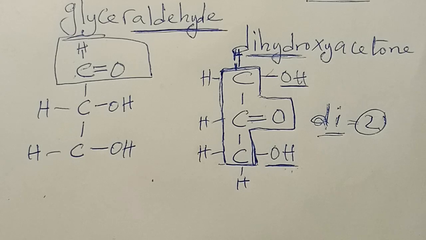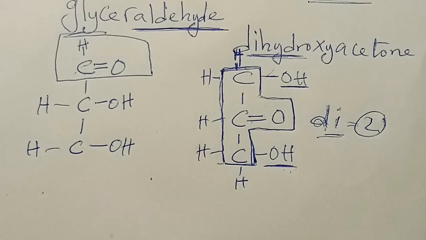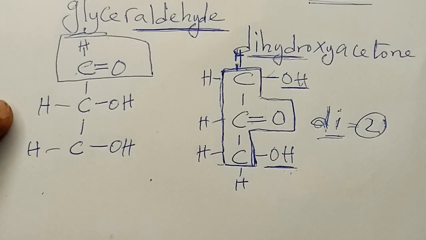This is why we stated the properties of carbohydrates: 1, all carbohydrates are either aldehyde or ketone. And we also stated that all carbohydrates contain the hydroxy group. You can see based on the structure, we have the hydroxy group. Let me try to specify here.